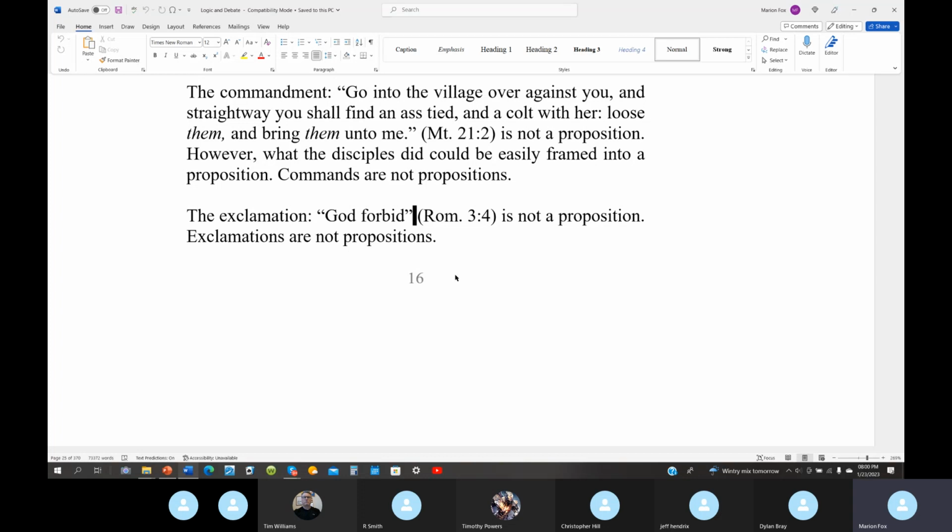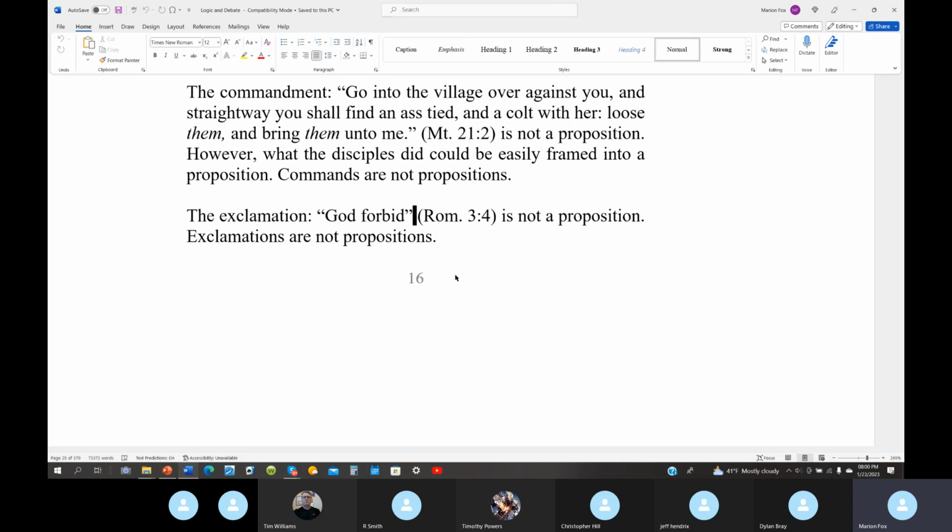We could say the disciples went and loosed the ass and brought it to him, and that statement would be true or false. But the command to go and do it was not true or false. It was true that Jesus said it, of course, but a commandment is not a proposition.